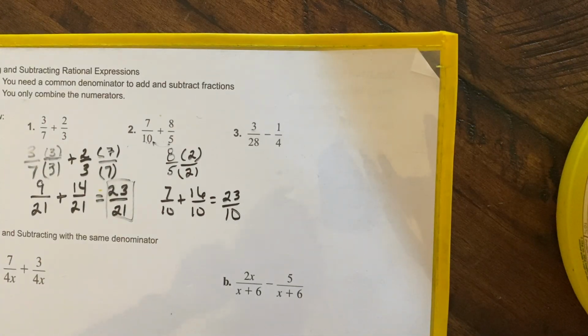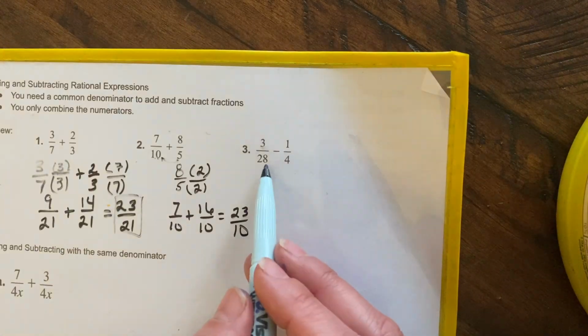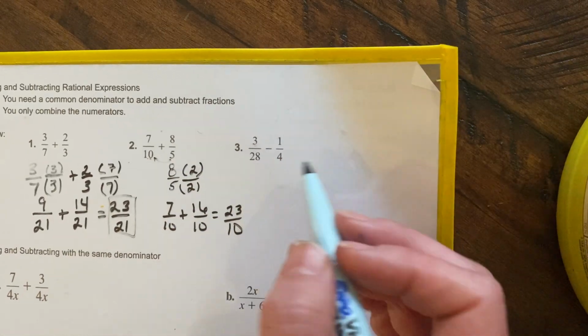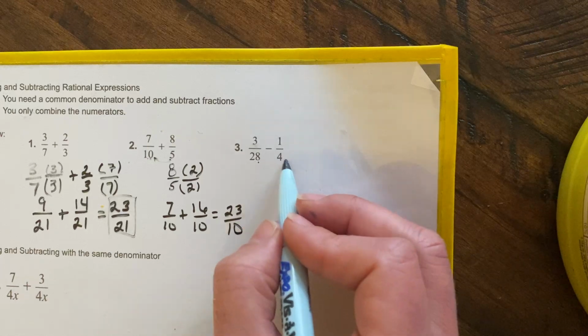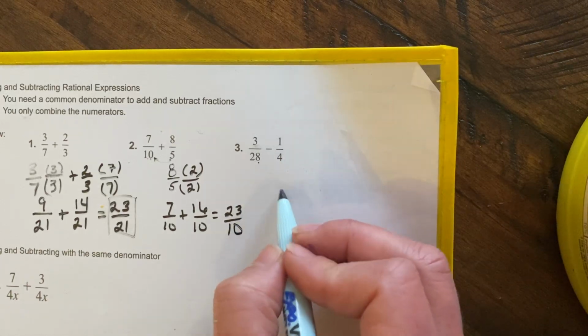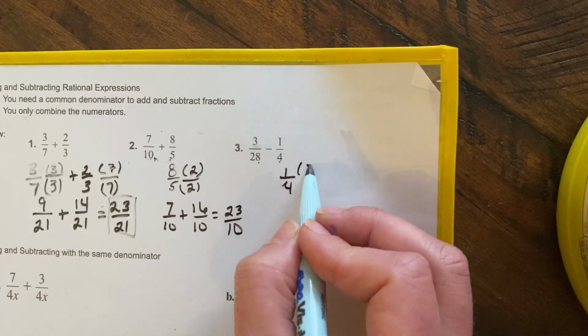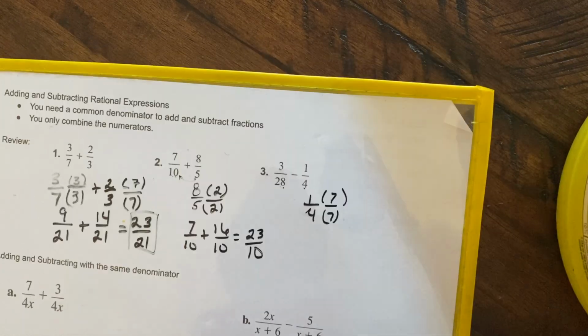Now we're going to do one with subtraction. For this one, just like the last one, 4 does divide into 28. So we know it's going to go in 7 times, so that's the number we're going to use. Let's only change our negative 1/4 here. Again, top and bottom, we multiply.